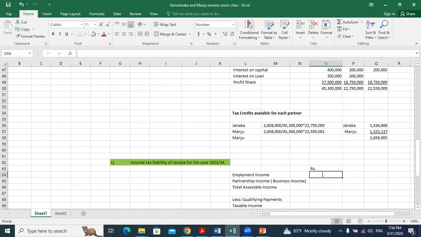Partnership income, business income, that is how much? This is Janaka, therefore we know the figure is 22,750,000. Total assessable income is the summation of these two.